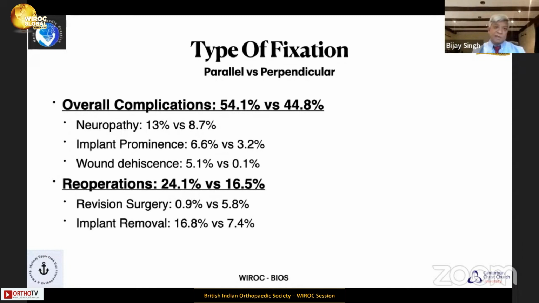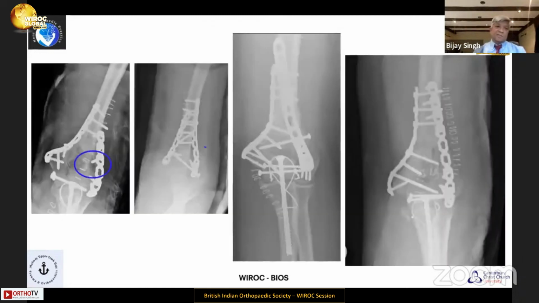However, the main difference is that revision surgery for failure of fixation is significantly higher in perpendicular plates than compared to parallel plates. It's just from my failures, looking at what I found over the years, is if a patient has a metaphyseal comminution, especially on the lateral side, I've found these to have caused problems over the years.